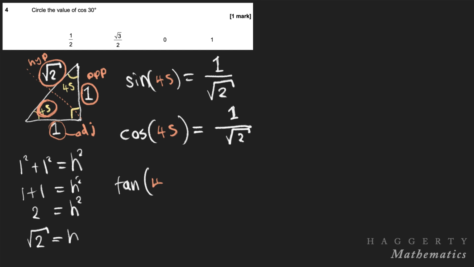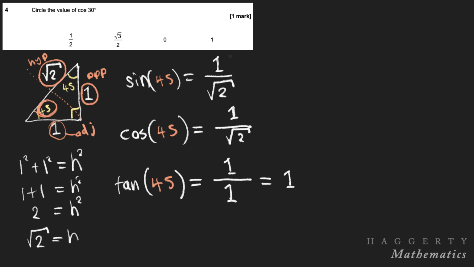What about tan? Tan 45. Well, tan by definition is equal to the opposite divided by the adjacent, right? So the opposite here is 1. This guy, 1. The adjacent here is 1. And 1 divided by 1 is just 1. So this tells us what sine, cosine, and tan of 45 degrees is, right? 1 over root 2, 1 over root 2, and then 1.